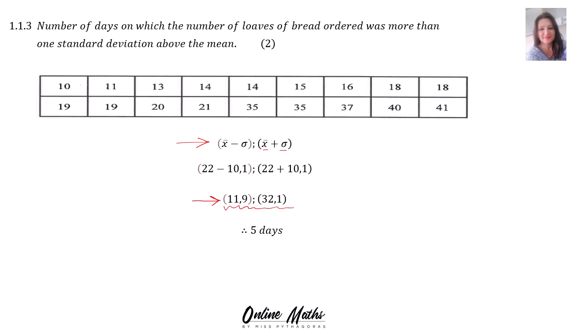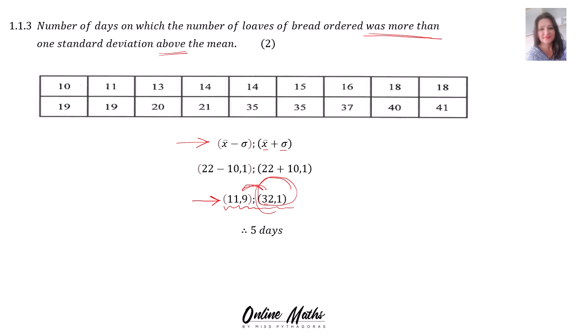If your values lie within 1 standard deviation from the mean, your values would lie between 11,9 and 32,1. But now this question said how many days the number of loaves of bread ordered was more than 1 standard deviation above the mean. So that means above the upper point, which is 32,1.